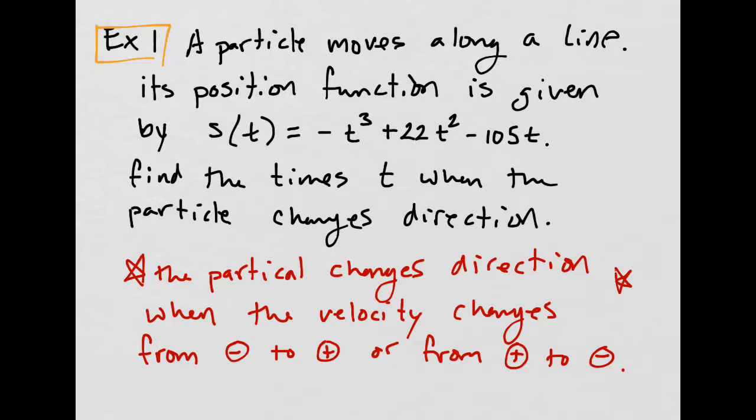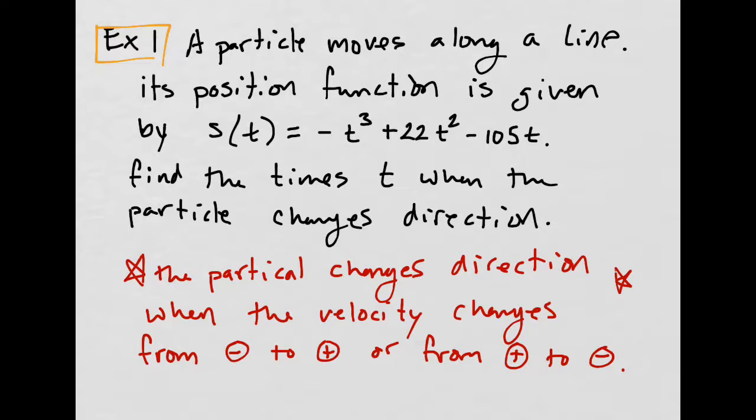That's something that needs to sink in very well, because you'll have to read this and then be able to say, oh, okay, I need to figure out when the velocity changes sign. The velocity changes direction when the velocity changes from negative to positive or from positive to negative. Either time that happens, we know that the direction of the particle has changed.